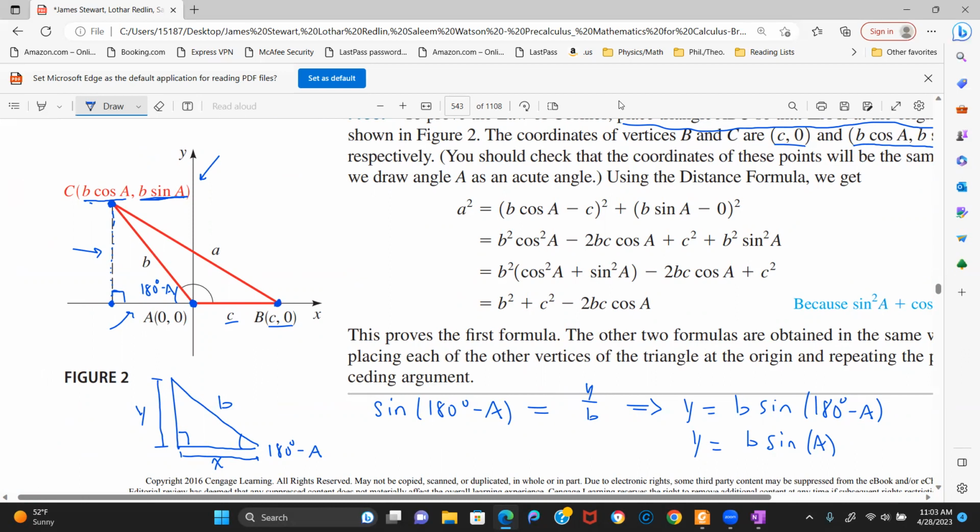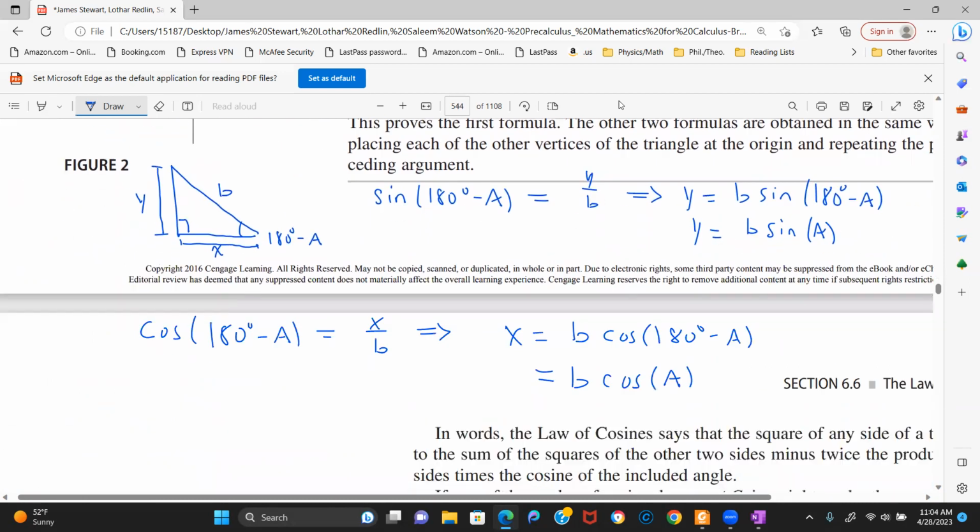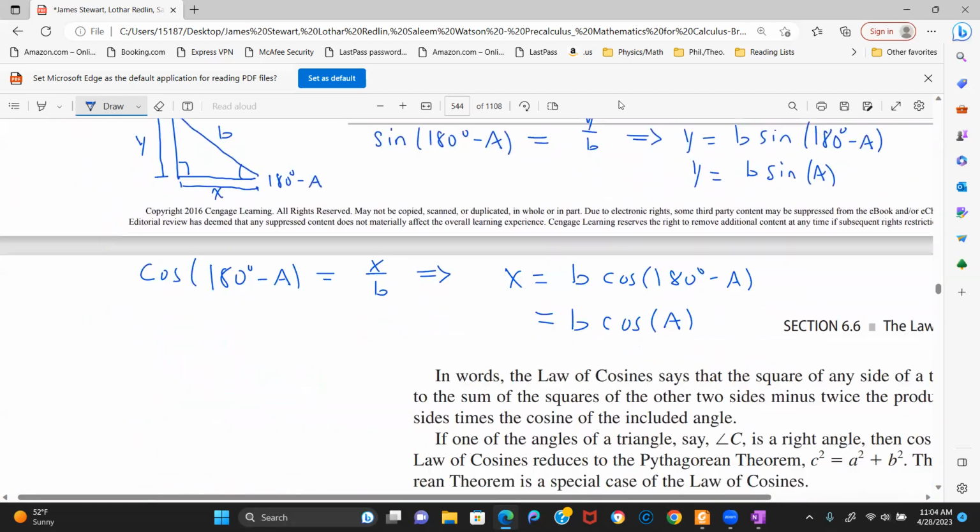So this length right here is, so this looks more like the Pythagorean theorem, because if you drop this line down here and consider this whole length right here and this whole length right here, that's a right triangle also. So let's write out that whole triangle then. There's this bigger right triangle, right?